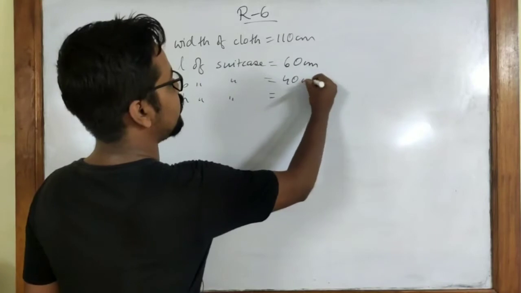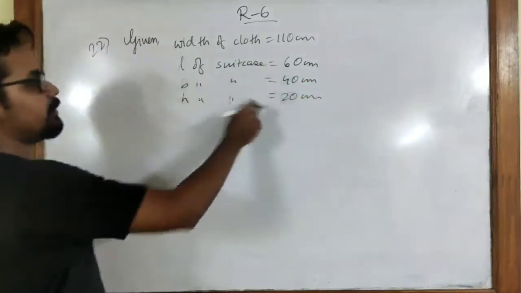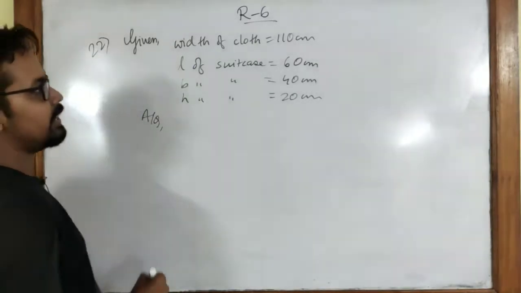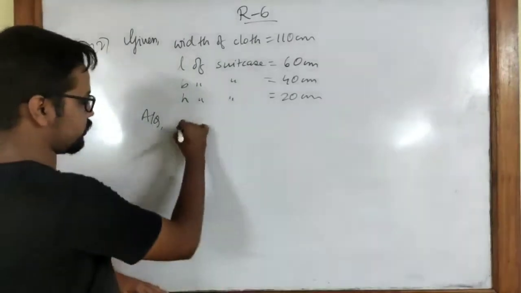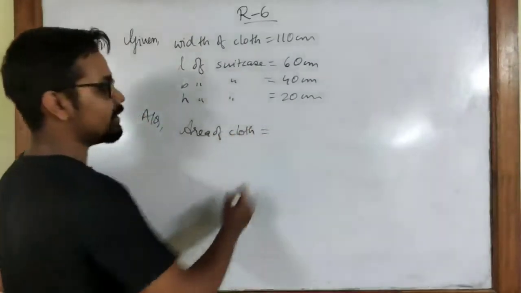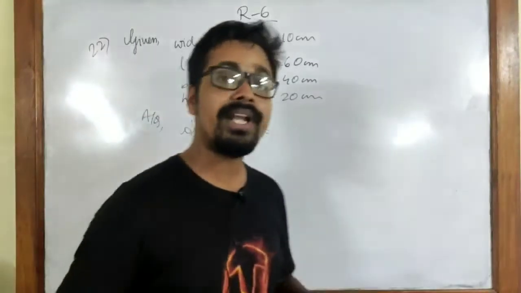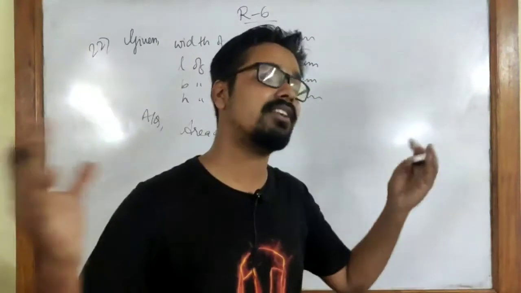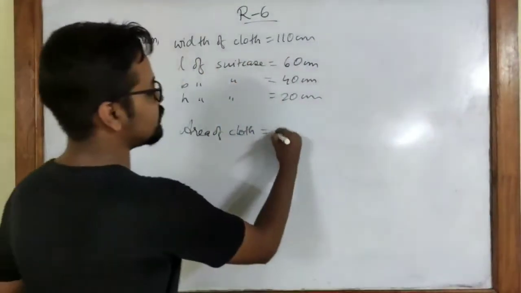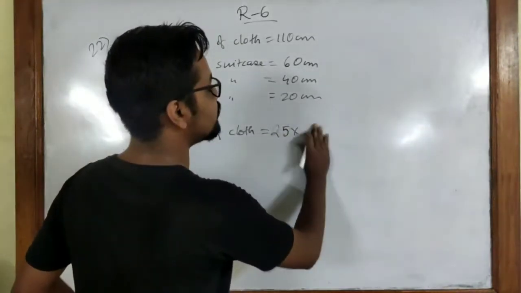Okay, these are of suitcase. Now according to the question, the area of the cloth must be equal to 25 into the surface area of the suitcase. How many suitcases? 25 suitcases.